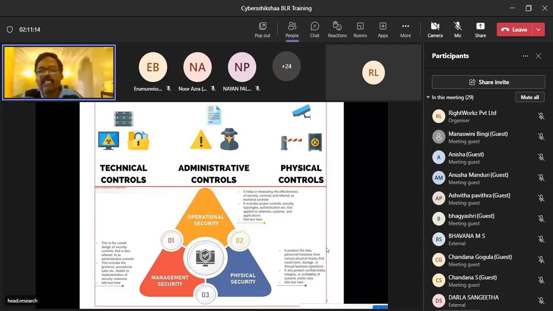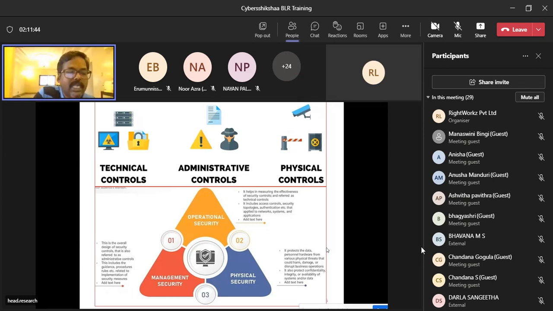Physical security protects the data and hardware from various physical threats that could harm, damage or disrupt business operations. It also protects confidentiality, integrity and availability of systems and our data. Then management security is the overall design of security controls, also referred to as administrative controls.